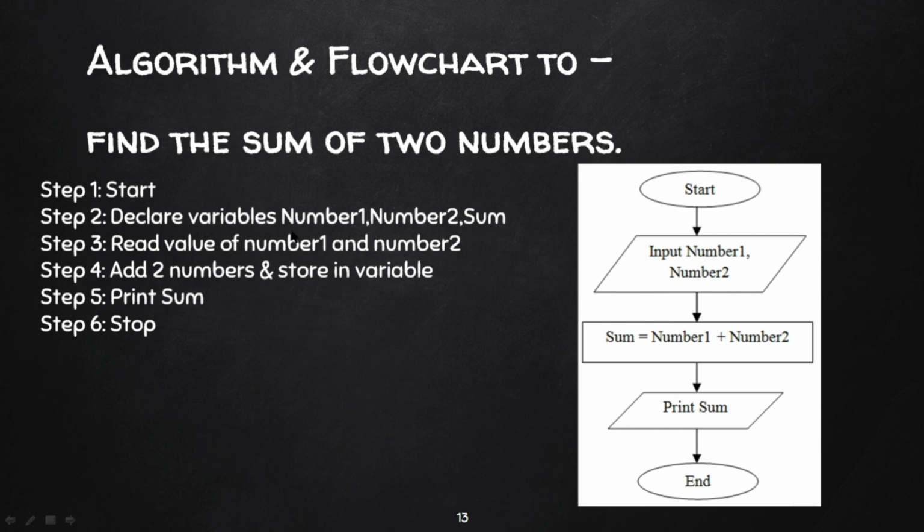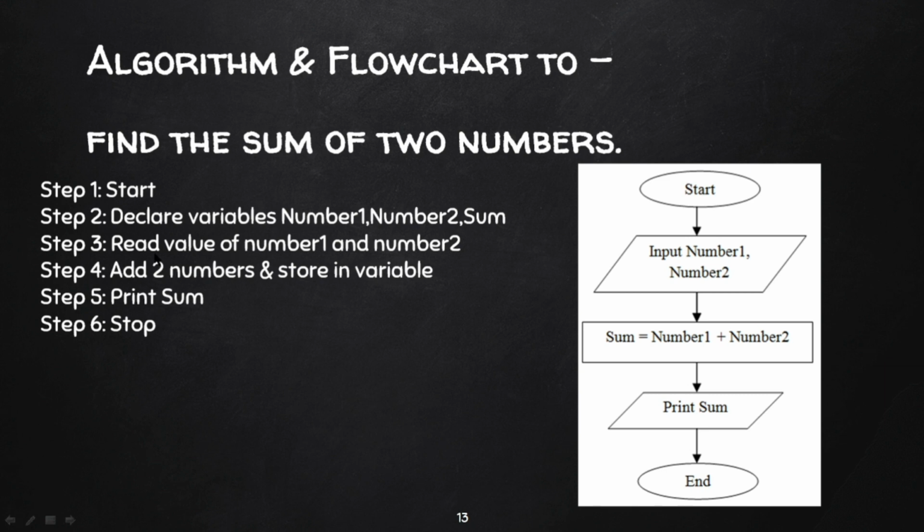Step 3: we have declared the variables, so we can store values in them. Read the values of number1 and number2. After declaring, we ask the user to enter the first number and second number, and those numbers will be stored in the number1 and number2 variables. So we get the numbers, which is the requirement.